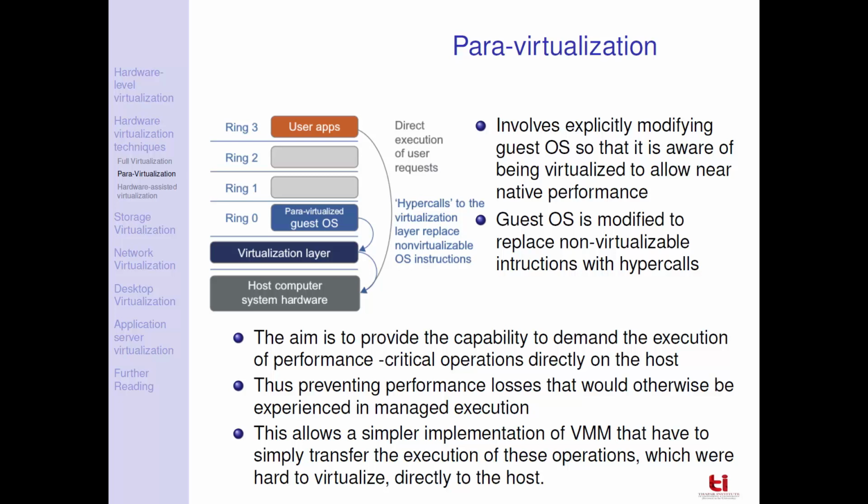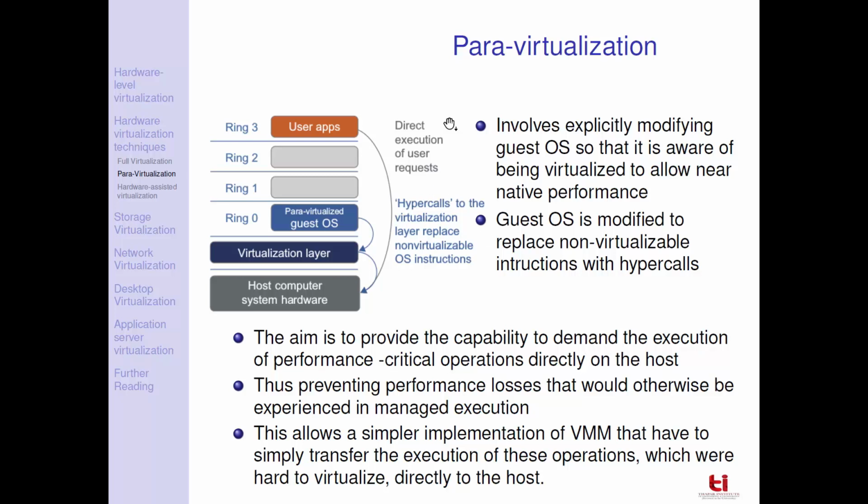In full virtualization, since the guest operating system is not at all aware that it is being virtualized, it seems as if it is running on the native system, so it issues privileged instructions, and since there are many such virtual machines, such privileged instructions may create problems. So in para-virtualization, the guest operating system is modified in order to replace those non-virtualizable instructions with hypercalls. The aim is to provide the capability to demand the execution of performance critical operations directly on the host.